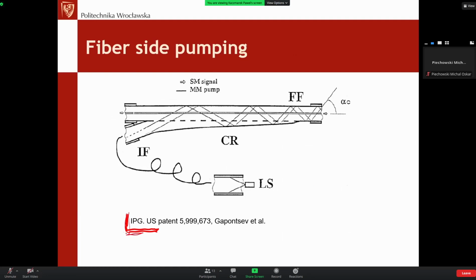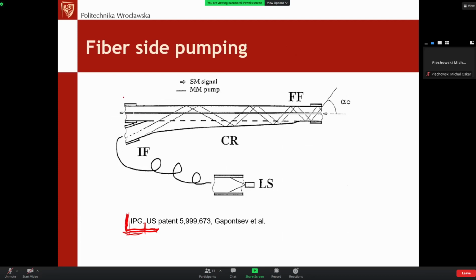IPG, in those days, had amplifiers which gave output power higher than 10 or even 20 watts. And of course, everybody in the market was considering how they were able to achieve such a high output power.